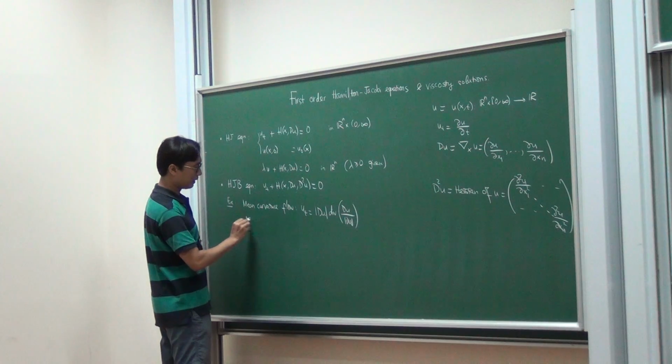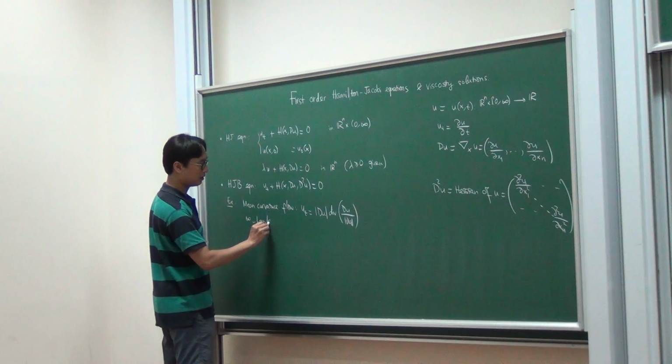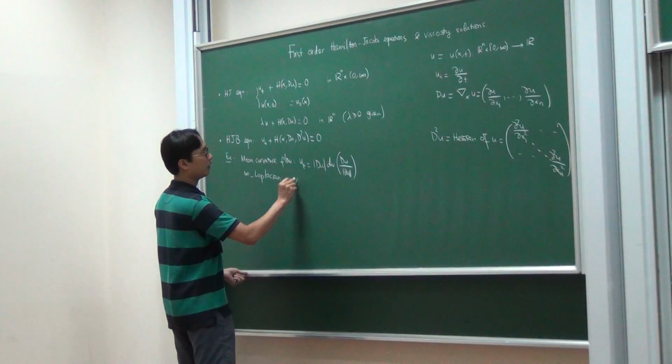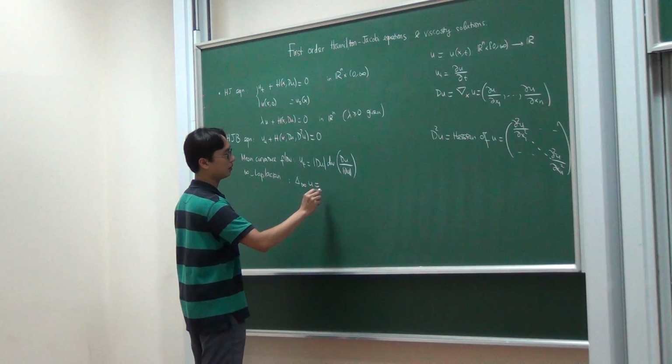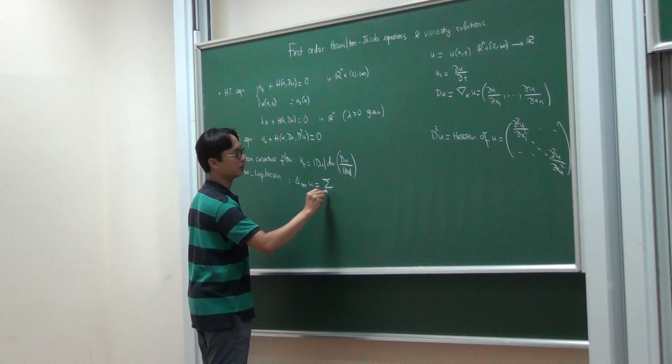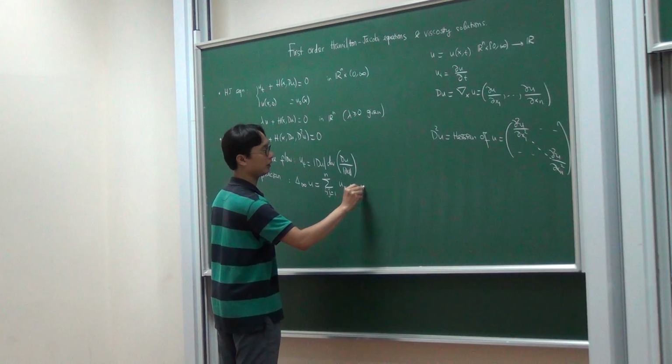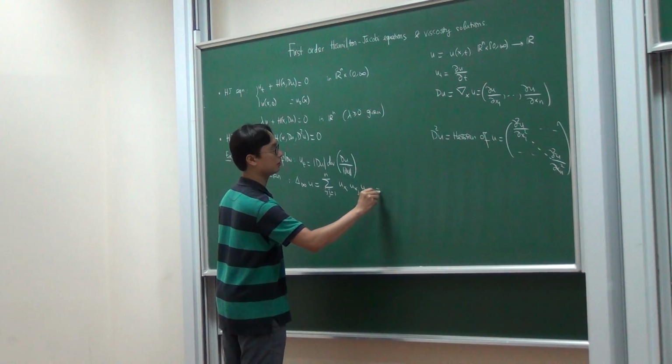Or we have the infinity Laplacian. I might give you some interpretation of this: the sum over i, j of u_{x_i} u_{x_j} u_{x_i x_j} equal to 0.